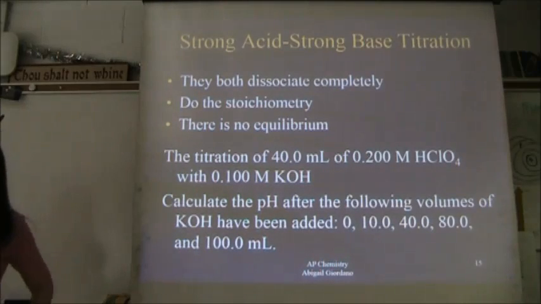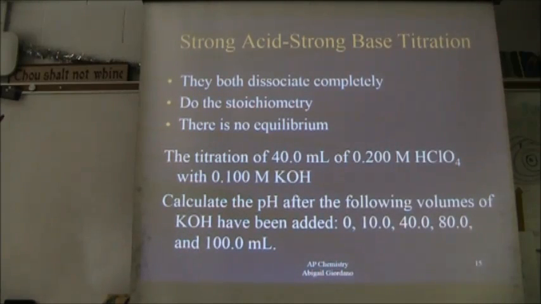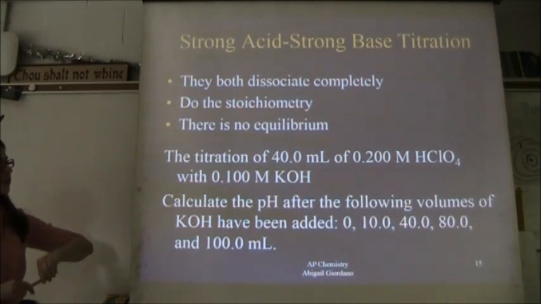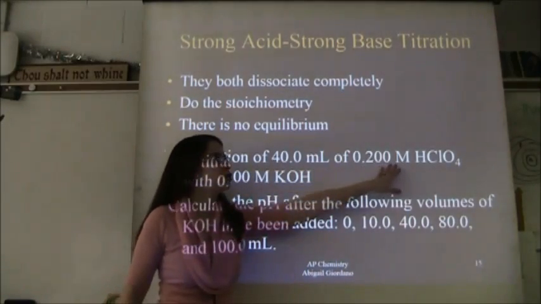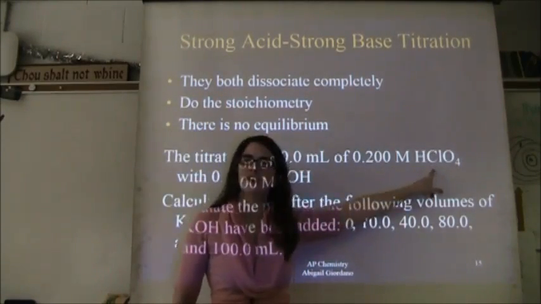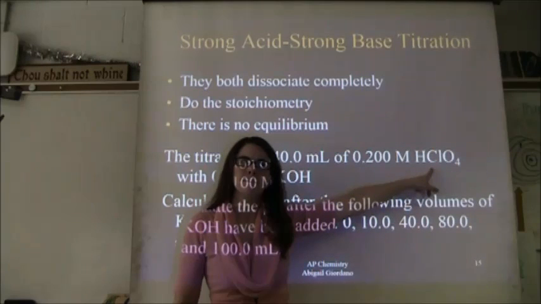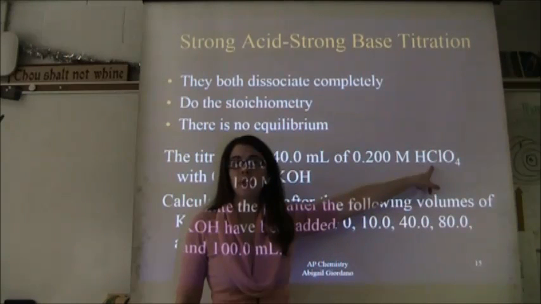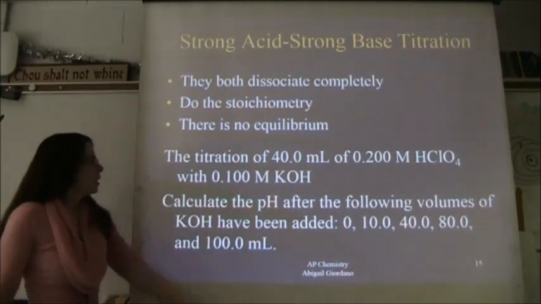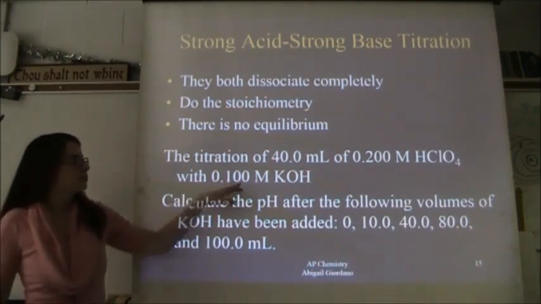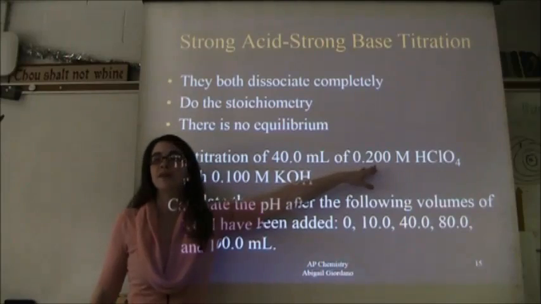Here it is. It says, titration of 40 mL of 0.2 molar, what acid is this, ladies and gentlemen? Perchloric, strong or weak? With, meaning this is the thing we have a set amount of.